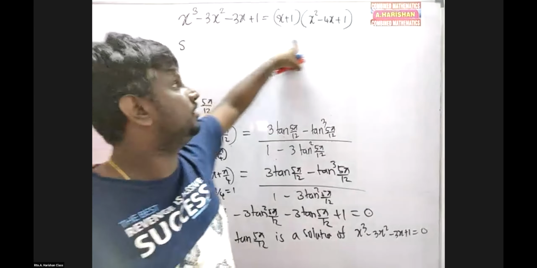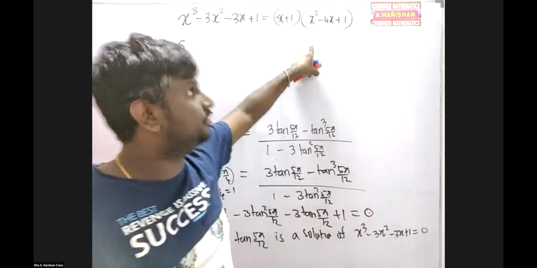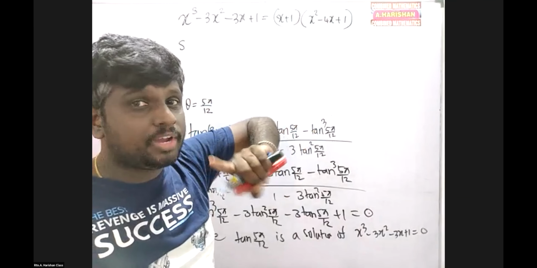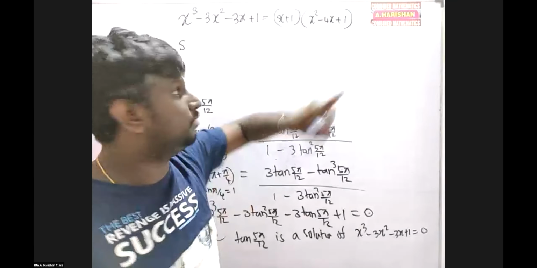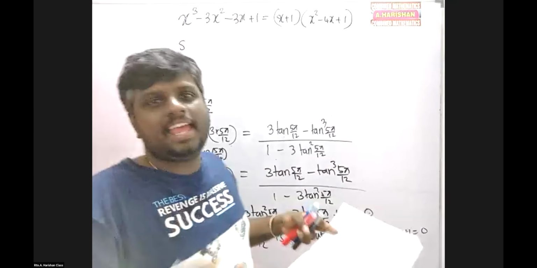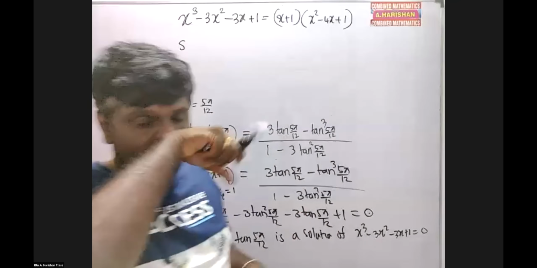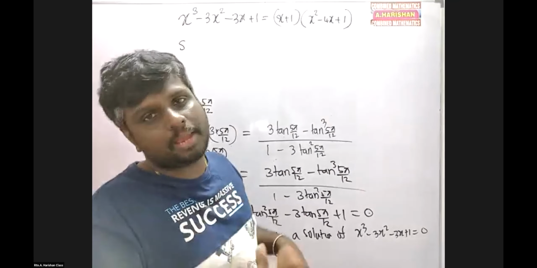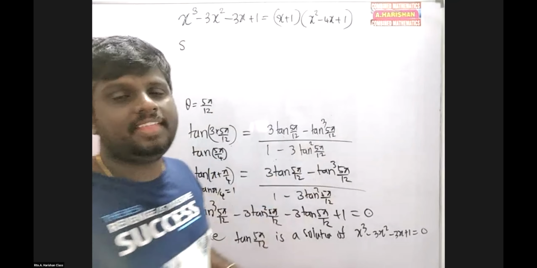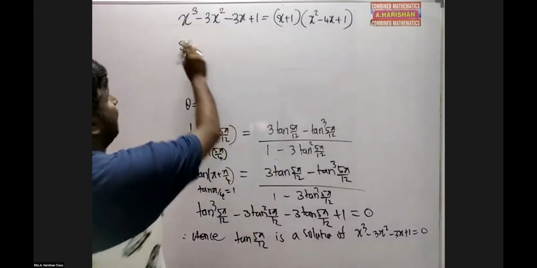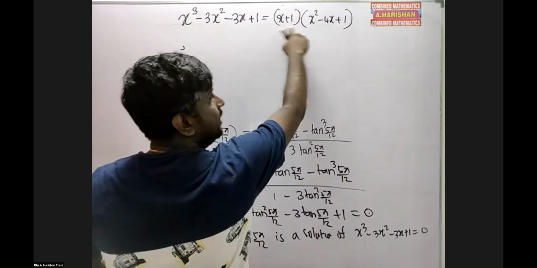But we know clearly tan 5 pi by 12 is not equal to minus 1, because minus 1 would mean tan of minus pi by 4, or something other than that. So it cannot be.